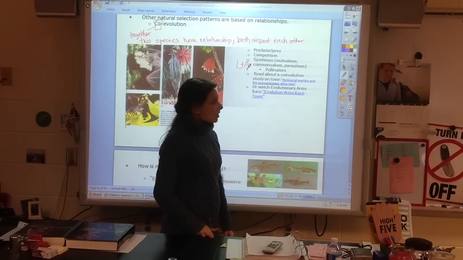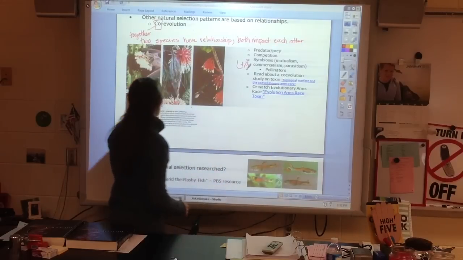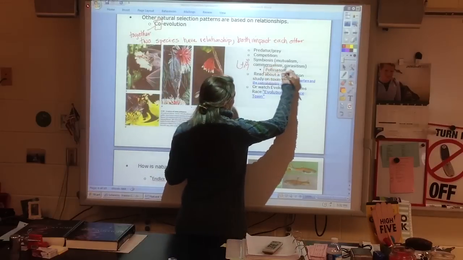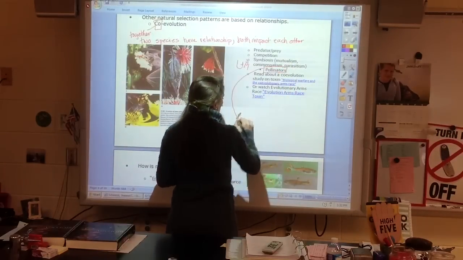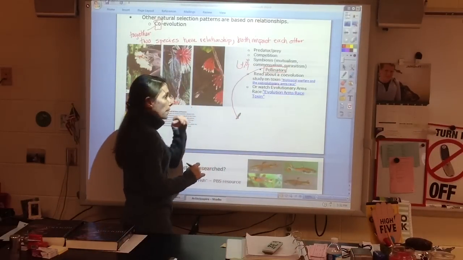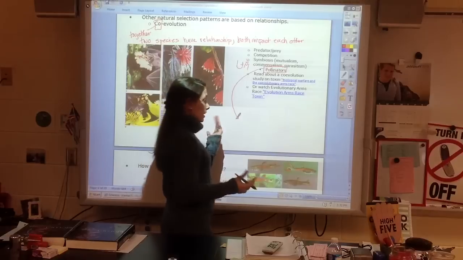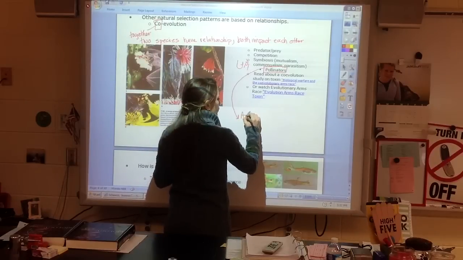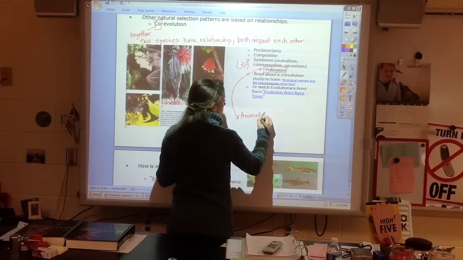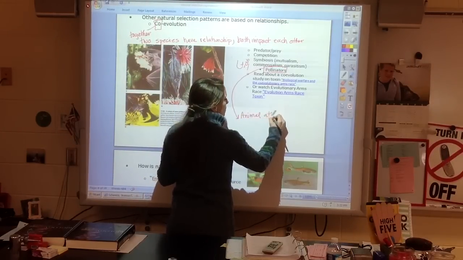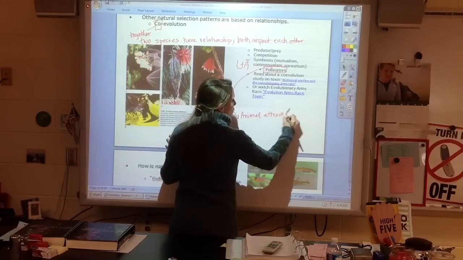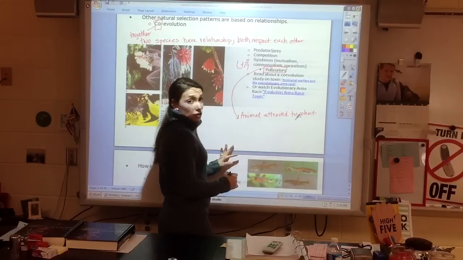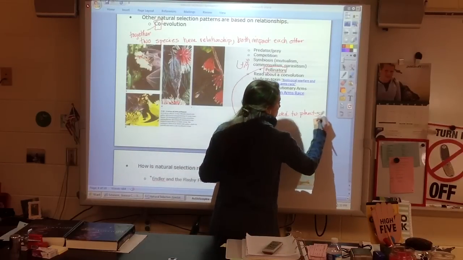Parasitism is another really good example, but one of the most interesting examples is with pollinators. So we're going to take a little side trip here and talk about pollinators. We want to make sure we understand what a pollinator is. A pollinator is an animal that is going to somehow be attracted to a plant, but actually to multiple plants.